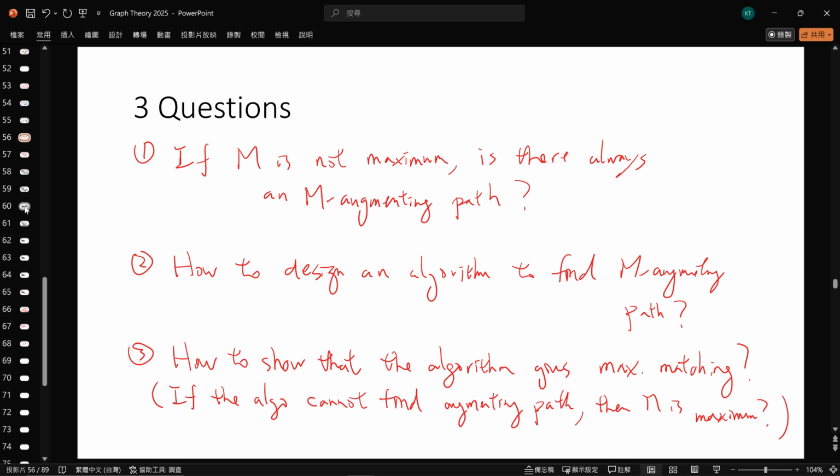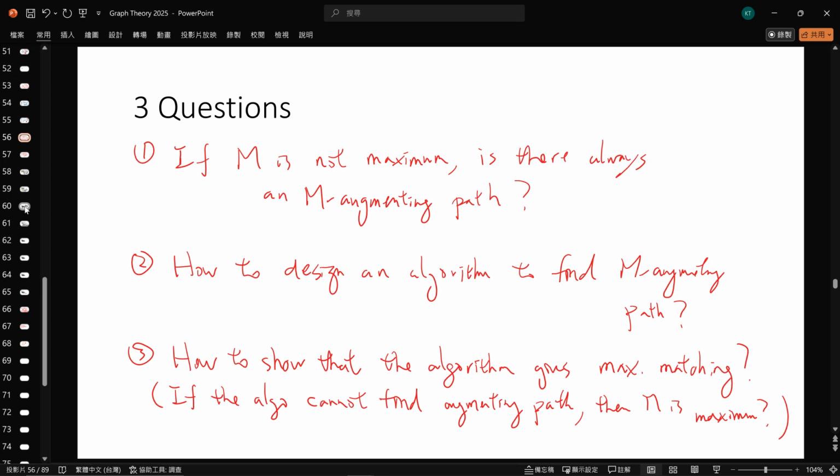The result is that if the matching we have is not the maximum matching, then there is always an M-augmenting path. That's good news, because when the matching is not the largest, we want to use this method to find a larger matching, so we want to make sure that there's always an M-augmenting path.